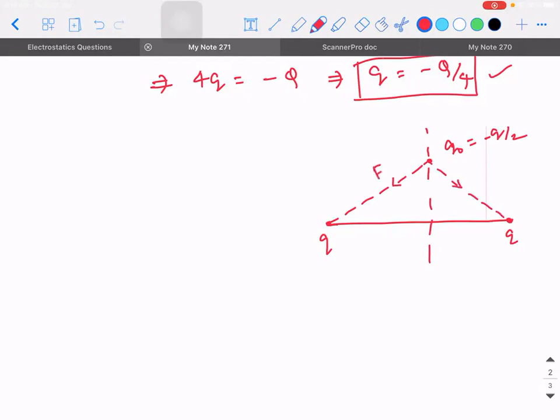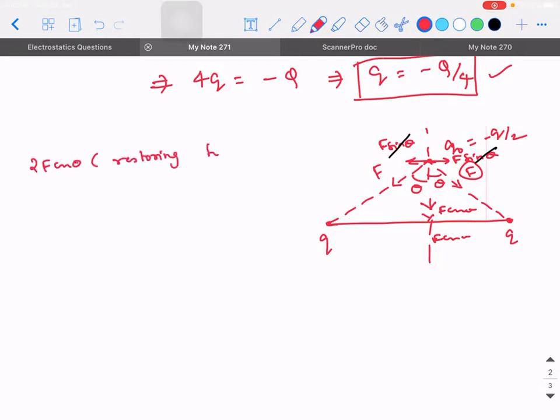Now, if I call this force F, and this force also F, and I take this angle as theta, and this angle also as theta, then F can be resolved into two components, F cos theta and F sin theta. Similarly, F cos theta, F sin theta. F sin theta gets cancelled. So 2F cos theta is providing the necessary restoring force.